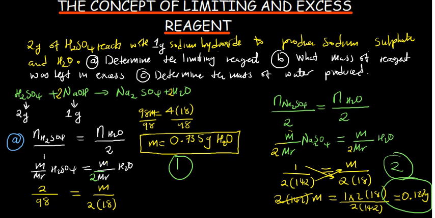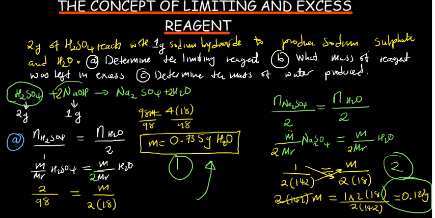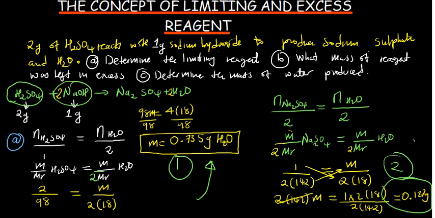Because it is going to finish fast. Okay, so the limiting reagent should always produce a small value. All right, so meaning that if we use sulfuric acid, we are producing a big amount of water, but if we use sodium hydroxide, we are producing a small amount of water. Therefore, the one which has given us a small value is the limiting reagent.